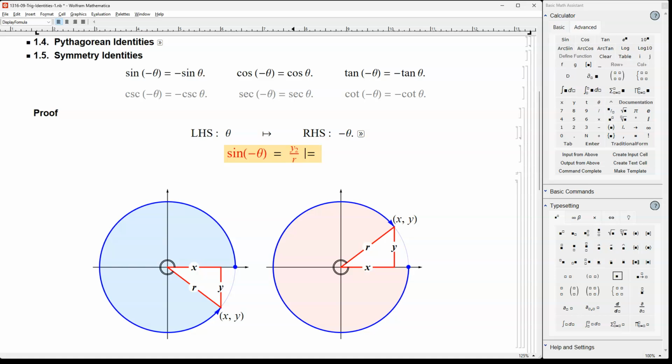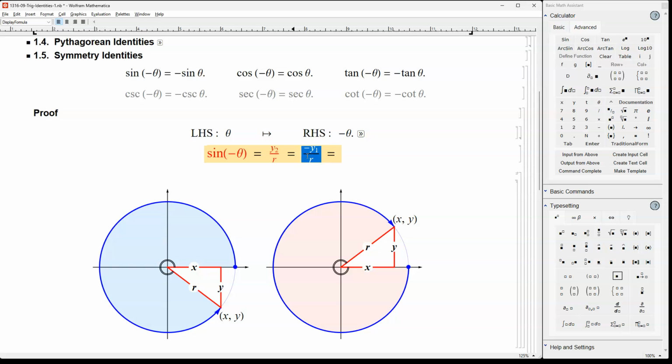Let me color code red. Now, how do these quantities correspond to the first picture? This y-coordinate here from the second picture and this y-coordinate here from the first picture have the same magnitude but opposite direction. So this is actually negative of y1 over r.